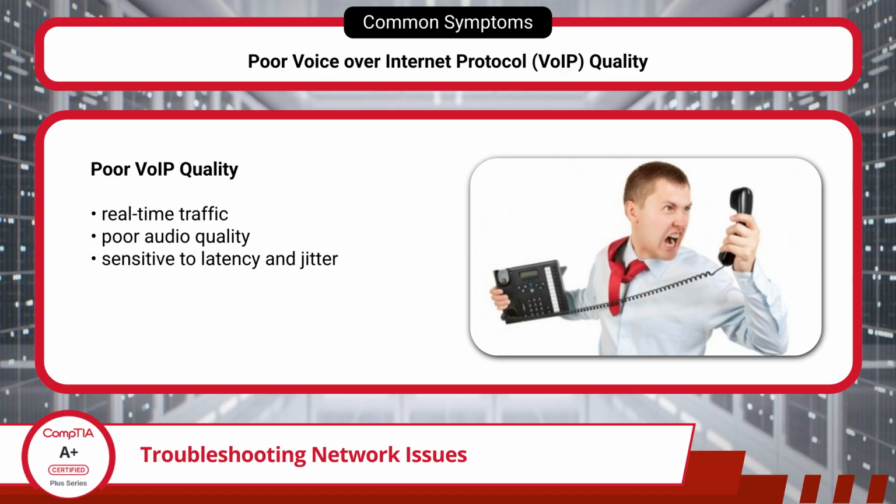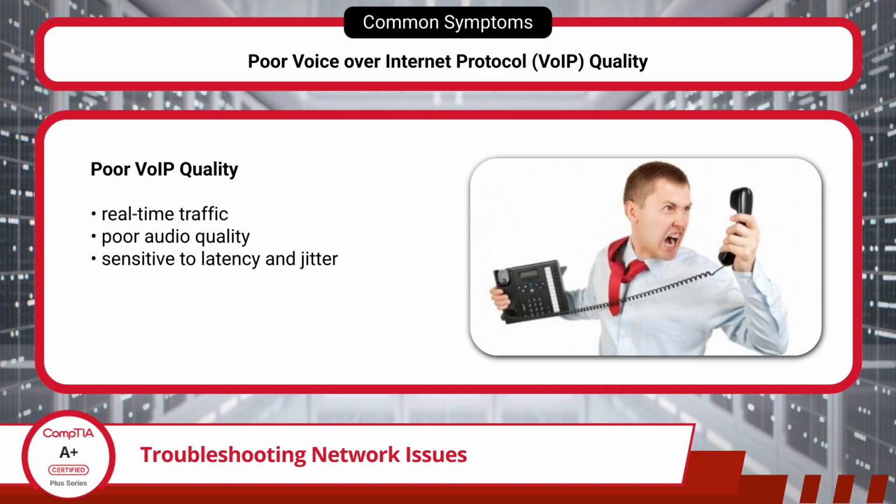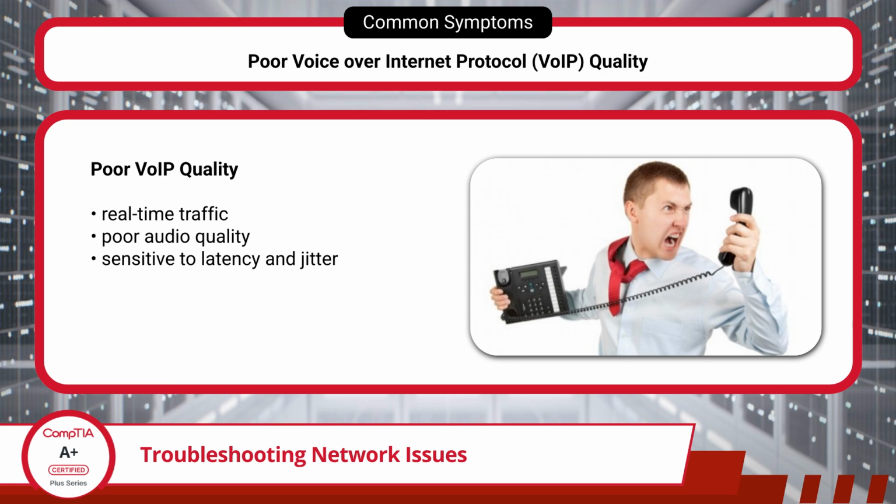Addressing poor voice over IP quality involves optimizing network configurations to minimize latency and jitter. This may include prioritizing voice over IP traffic over other data types. Additionally, upgrading network hardware and software, such as routers and switches, can help improve the reliability and stability of voice over IP connections.